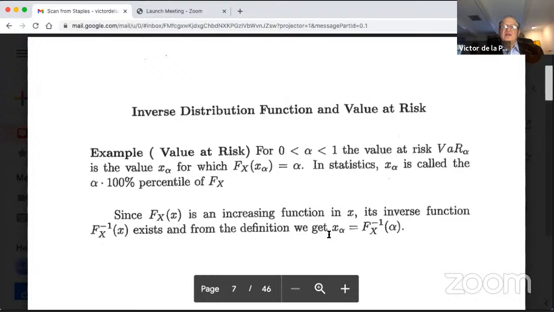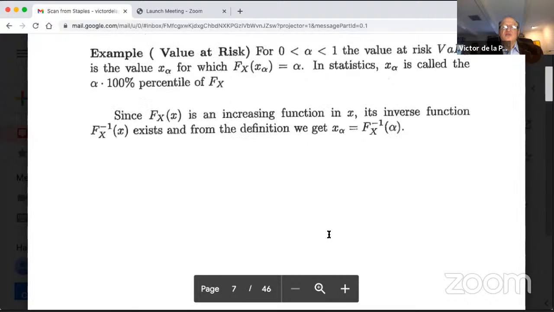So the value at risk is the value x sub alpha such that the probability that x is less than or equal to x sub alpha is equal to alpha. It's equal to 1 minus alpha, actually. There's a typo.